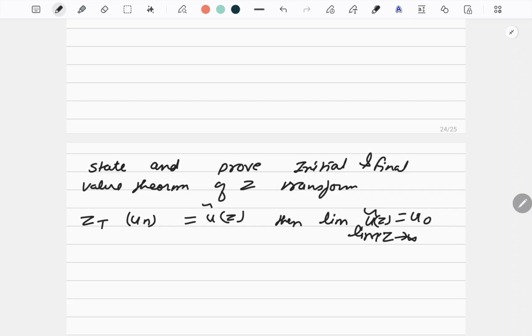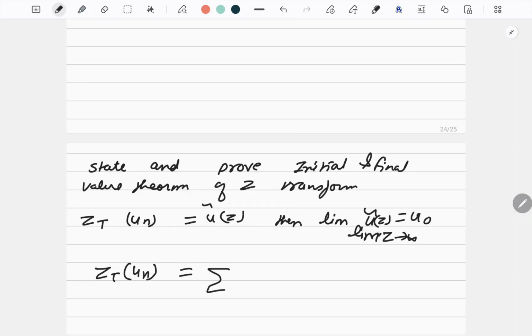So what is the initial value theorem? Initial value theorem states that if z transform of un is uz, then limit uz is equal to u0. So let us start with this. Now when I am saying uz, means I am talking about z transform of un.